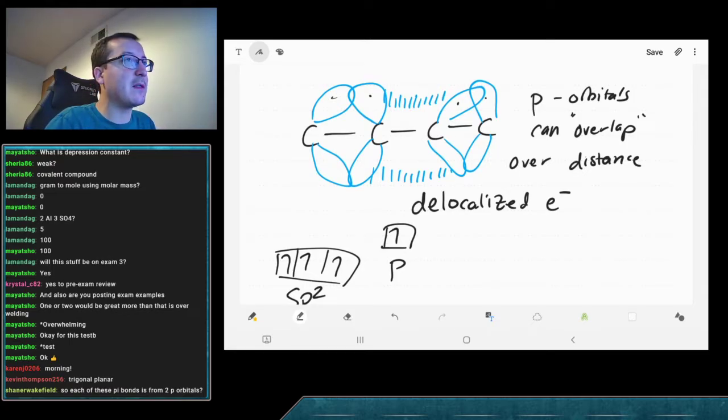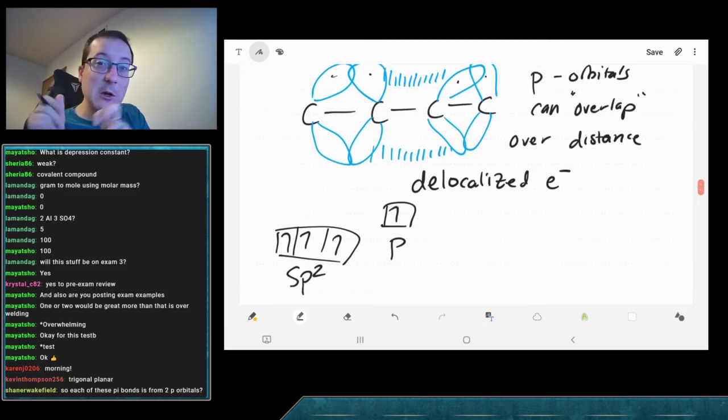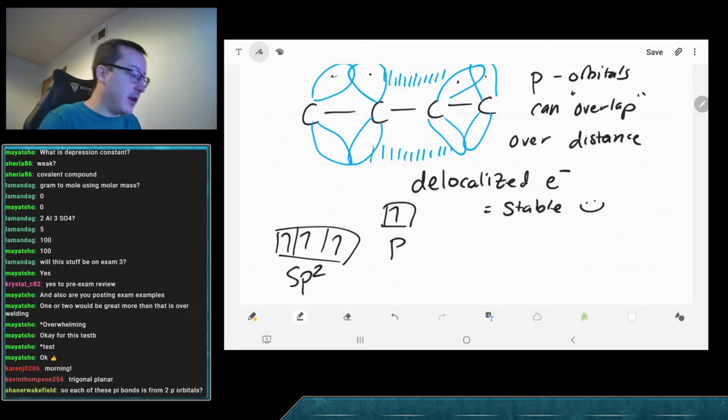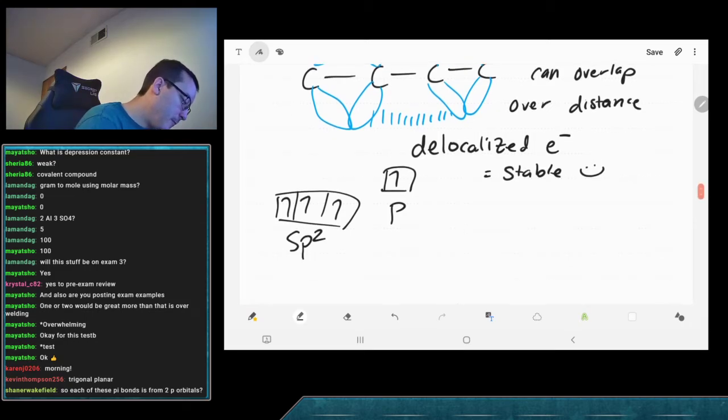We're going to see that this is more for organic chemistry, just showing you what this means. And if you can delocalize, meaning move it away, this is something that's particularly stable. And so you're going to learn a molecule called benzene, which looks like this.